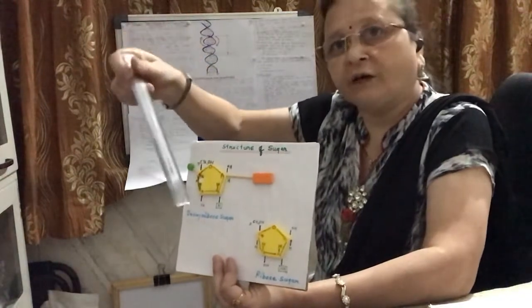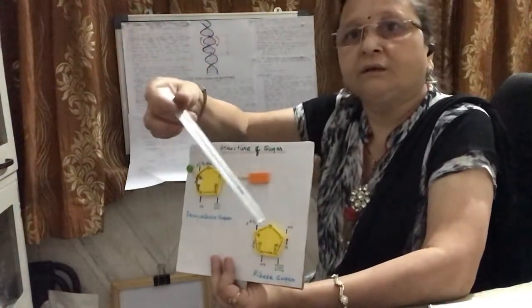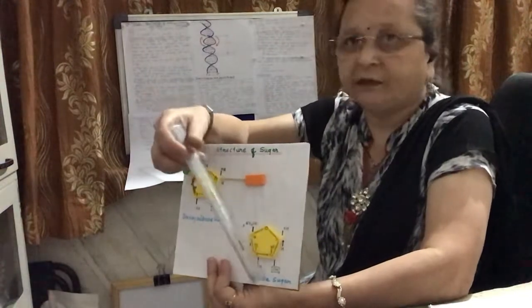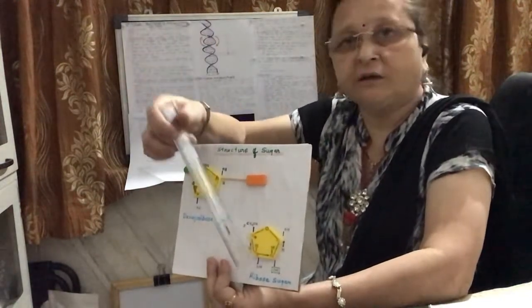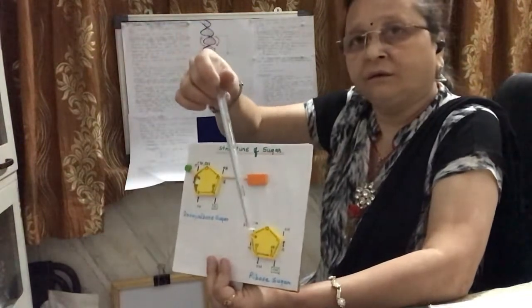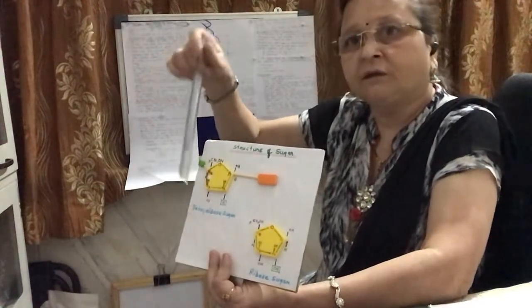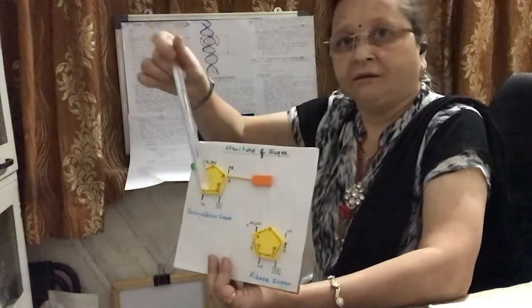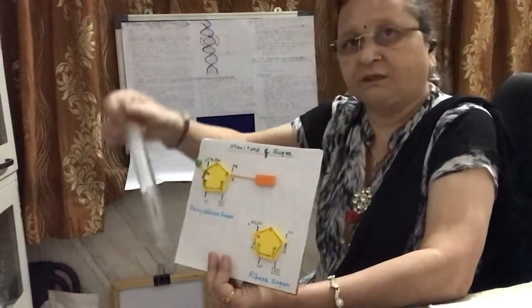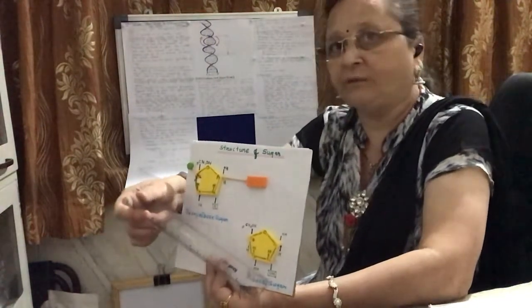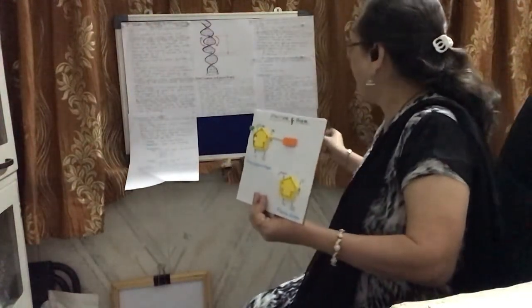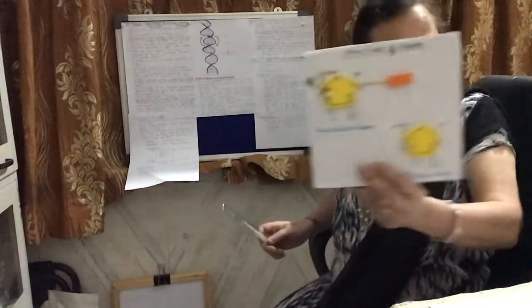In both, 5 carbon atoms are there having the same pentagon structure, and both have hydrogen and hydroxyl groups attached to the carbon atoms. But the only difference is that here oxygen is removed, so this is deoxyribose sugar, and here oxygen is there in the second carbon atom, so it is a ribose sugar. This is the main difference between these two.